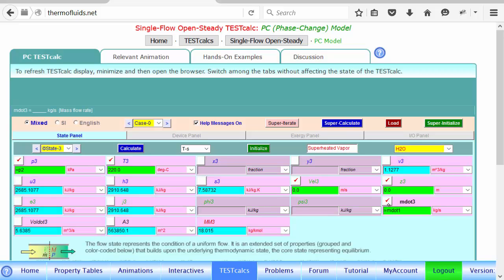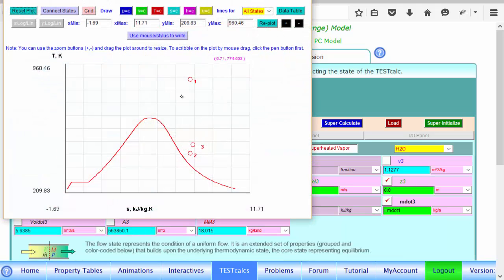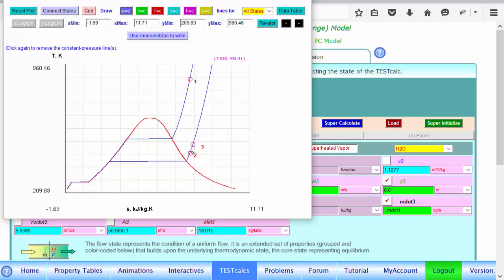So we know state 3. It's not a bad idea to show that on the constant pressure line, 3 is to the right of 2. 1 and 2 are vertically aligned because entropy remains constant. This is the entropy scale. And at 3, the entropy is a little bit higher because entropy is generated inside the turbine.